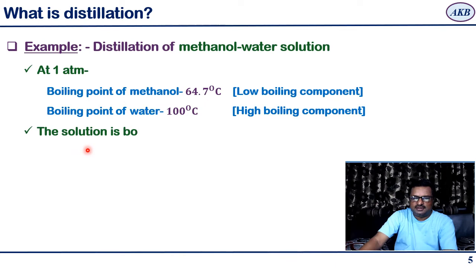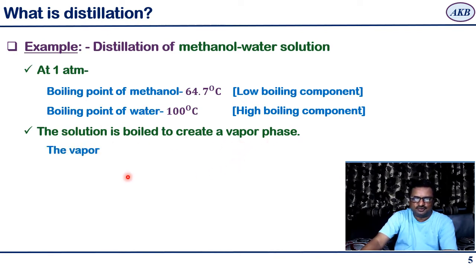When the methanol water solution is boiled, a vapor phase will be created. The vapor phase that is formed is rich in methanol. Why is it rich in methanol? Because methanol is the more volatile component.